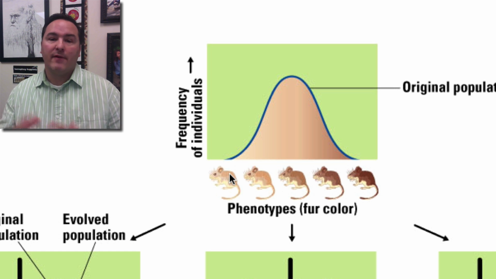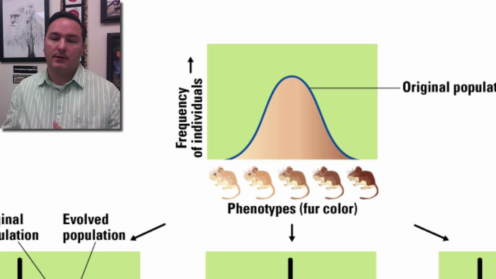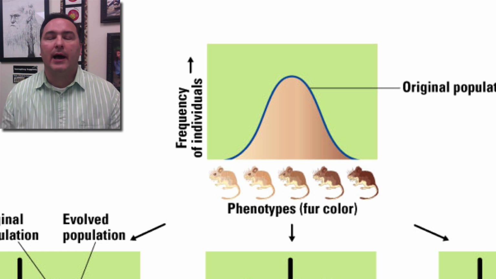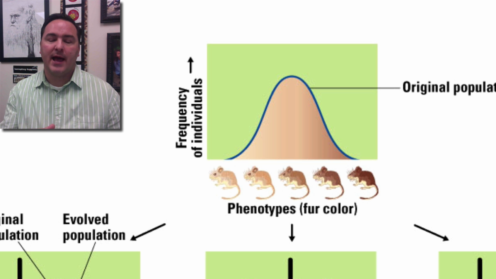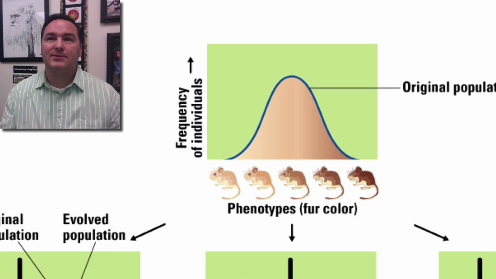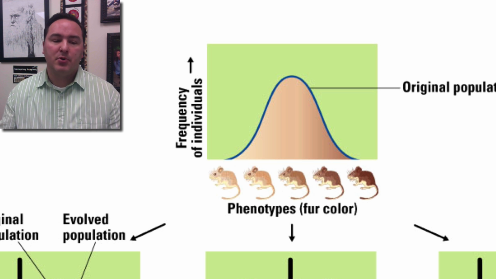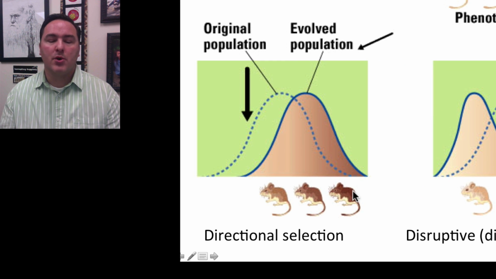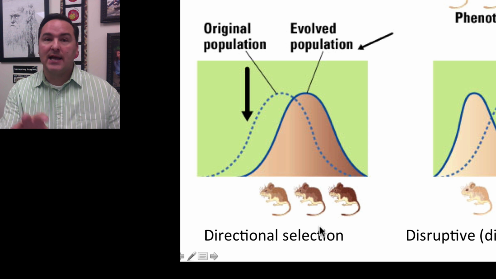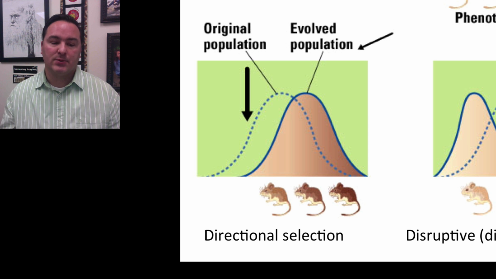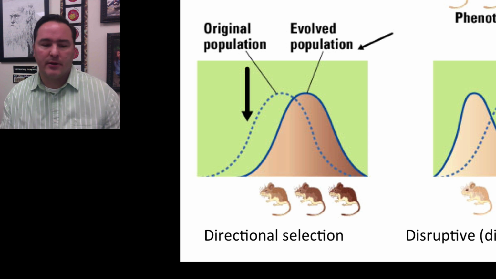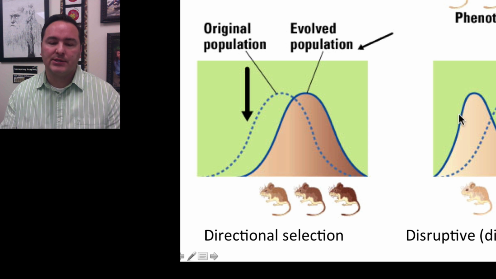If, for whatever reason, let's say they're living in a field and there's a fire, and so now the background is more dark, well, you're going to push the population towards the more dark fur coat color, and that we call directional selection. And that's exactly what we just saw in the paper dot example as well. Everything was moving in a particular direction, so we call that directional selection.